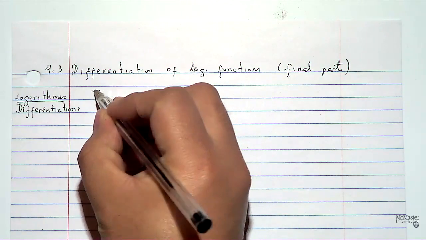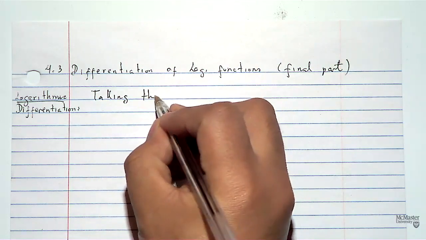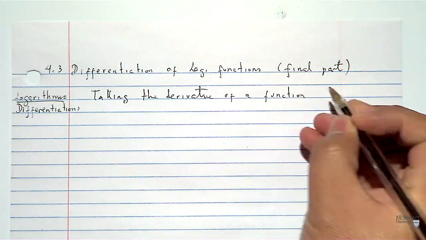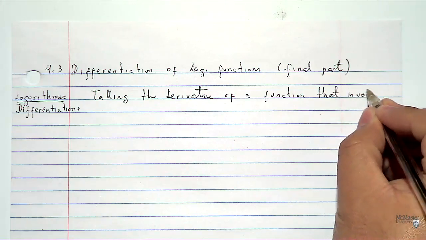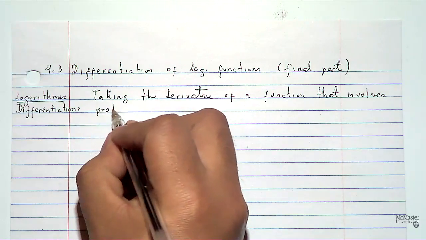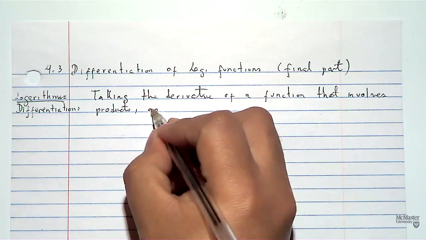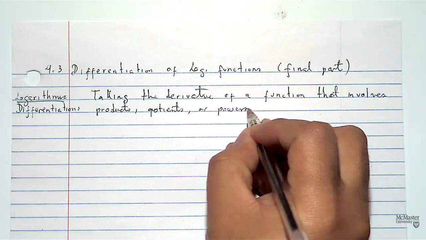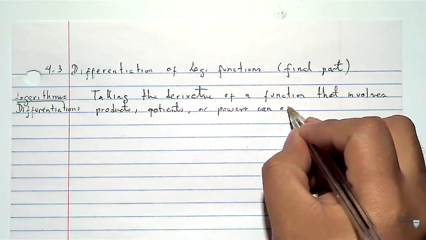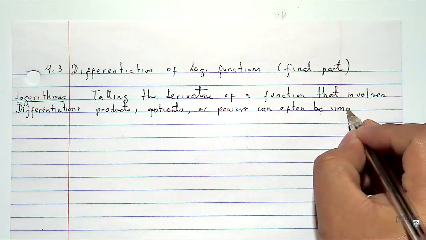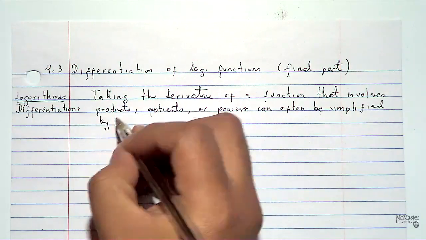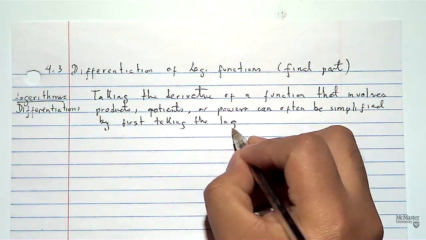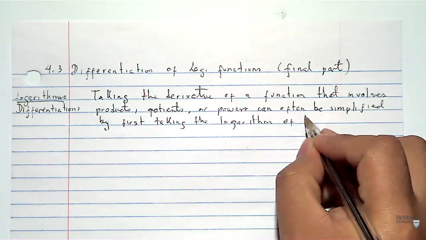Taking the derivative of a function that involves either products, quotients, or powers can often be simplified by first taking the logarithm of the function.